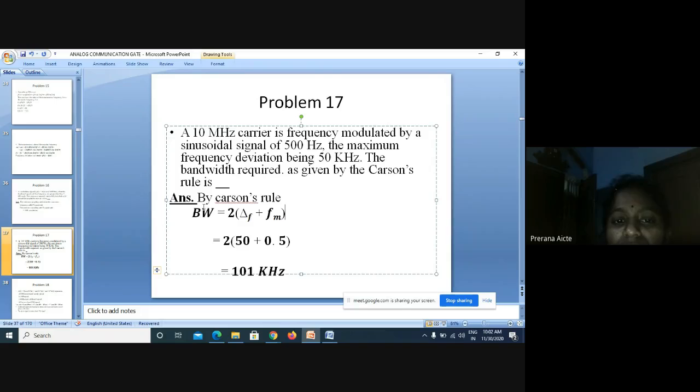So we should remember this from Carson's rule: the bandwidth required for FM transmission is 2 into del f plus fm. From the question, the message signal frequency is 500 hertz and the frequency deviation is 50 kilohertz, so from these we can get our bandwidth. The required bandwidth is 101 kilohertz.